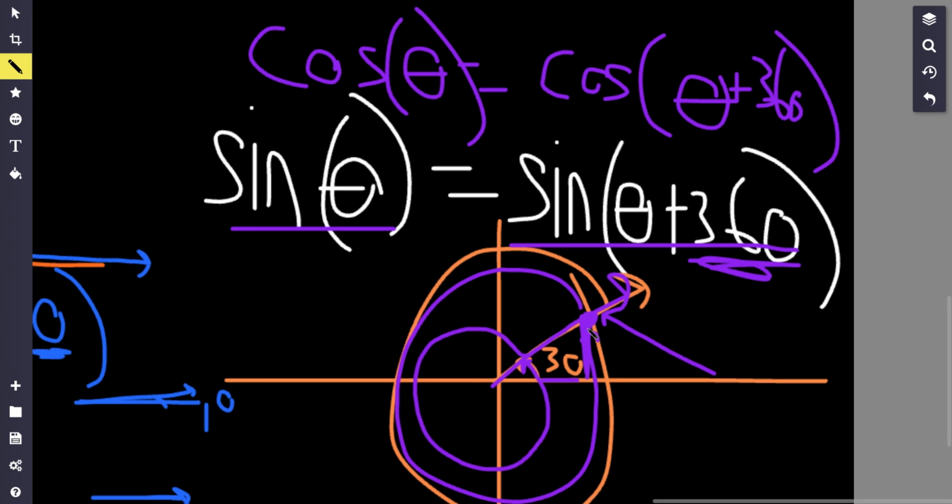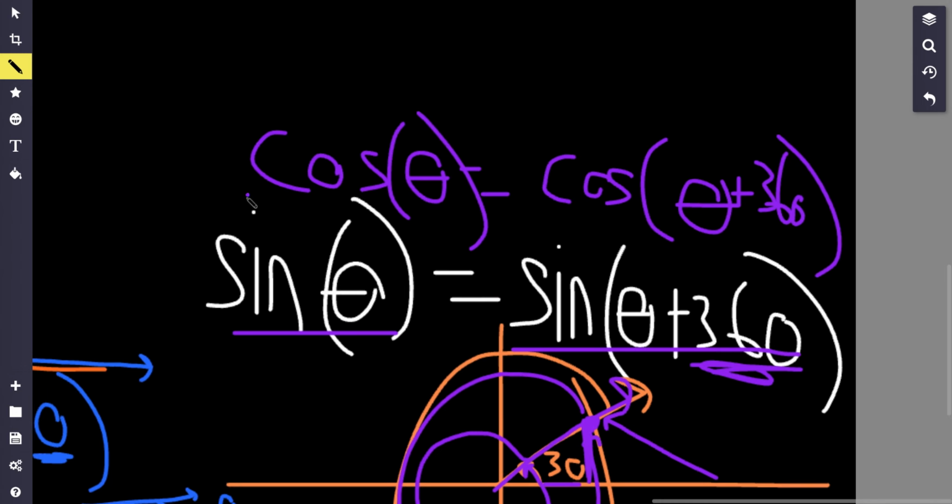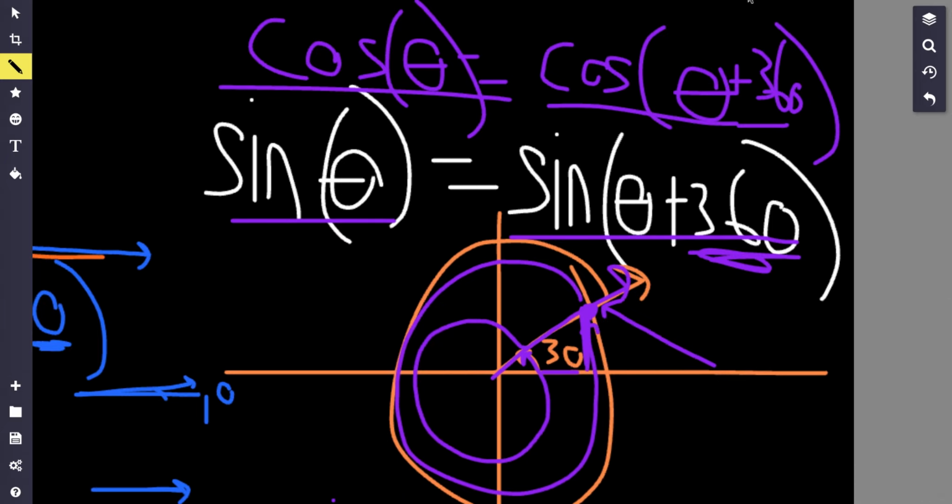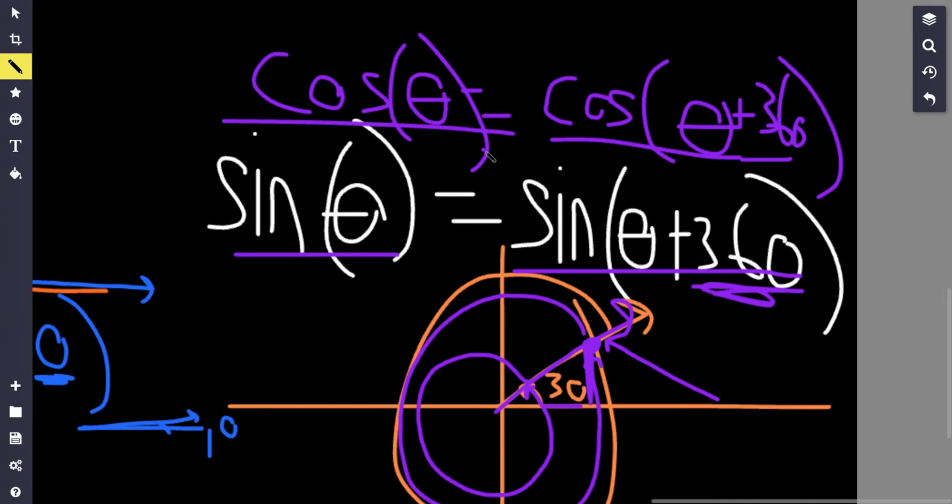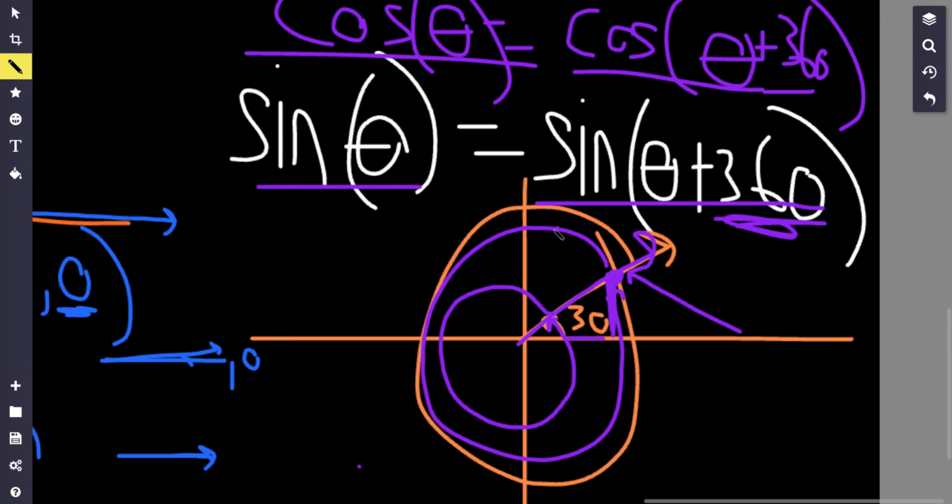And so is the x value, which we know is cosine of theta. So sine of theta and cosine of theta are equal to their values at those angles plus 360 degrees. You're just repeating loops around the unit circle, but the value of that point stays the same.